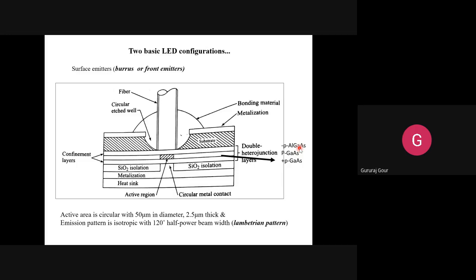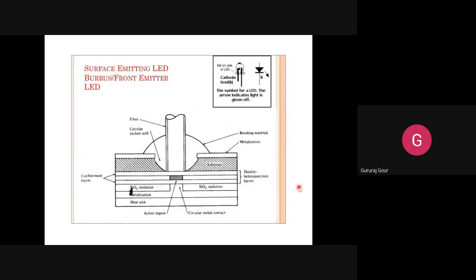Yes. So in the surface emitter, the three layers are of course minus P, middle P, and plus P, and their composition is different, the material composition. There you can see the top is aluminum gallium arsenide and the remaining two are gallium arsenide.